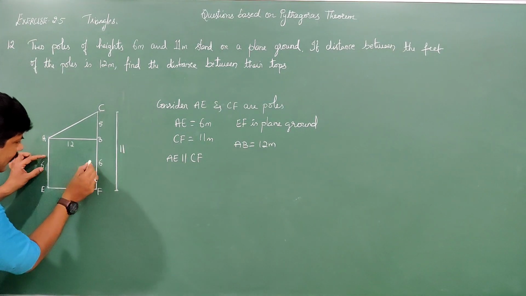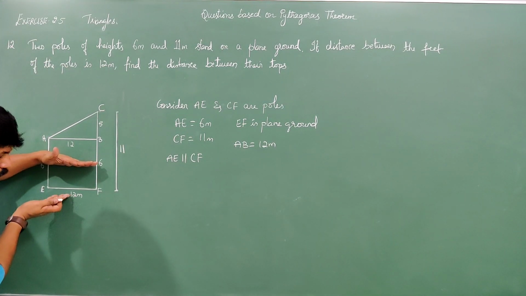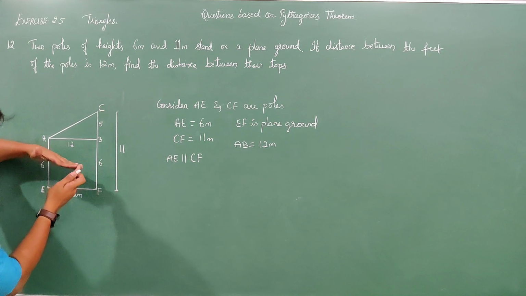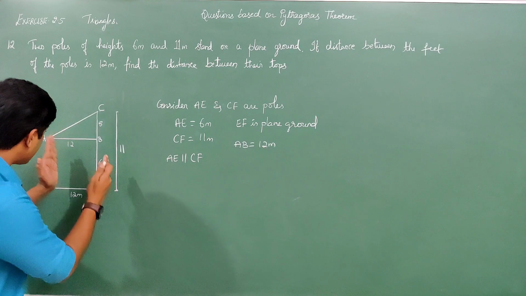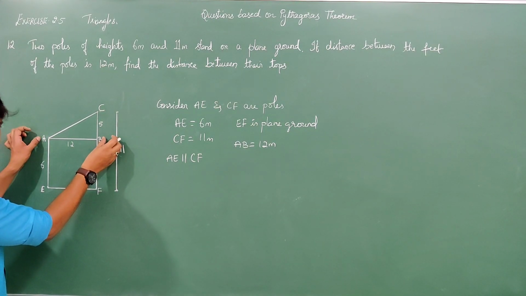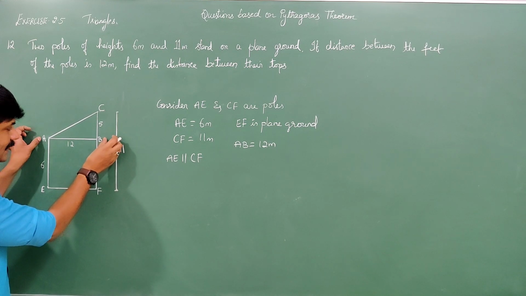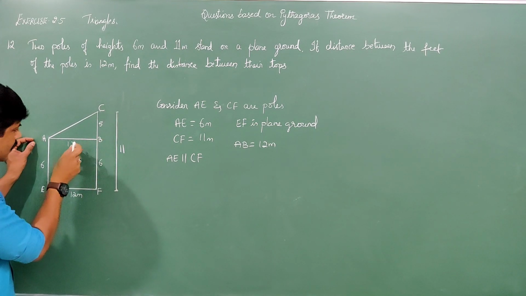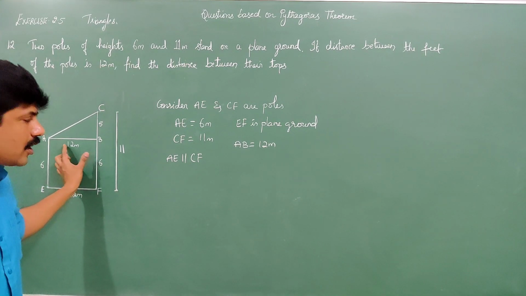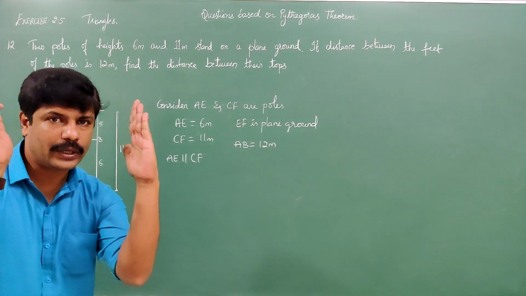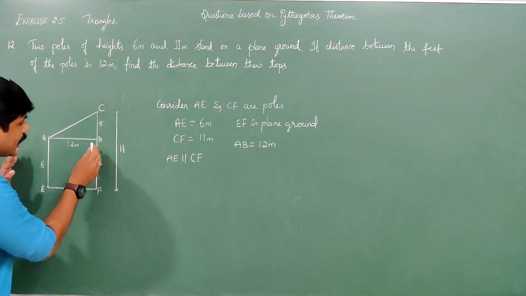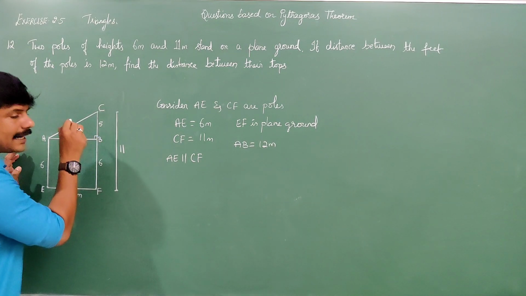At any point, if you take a parallel to EF, their distance will be 12 meters apart. Since they are vertical to this ground, this point becomes 90 degree.